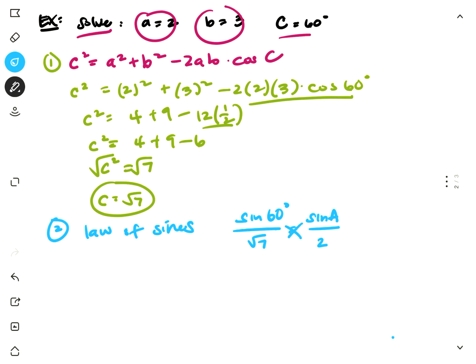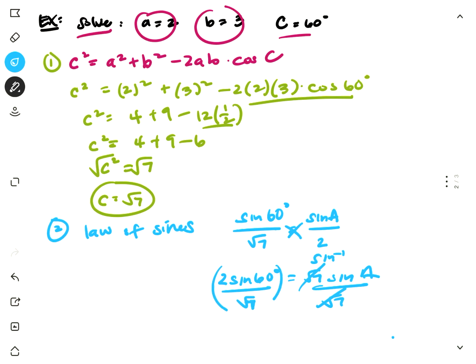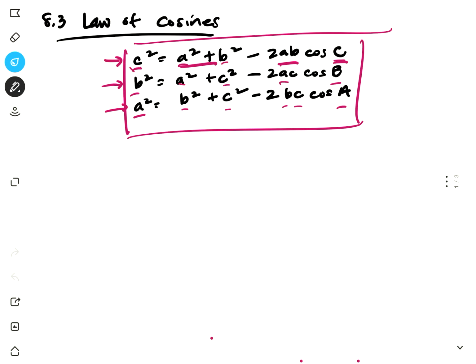Cross multiply: 2 sine 60 is equal to square root 7 sine A. We're going to divide out the square root of 7, and then take sine inverse to get A. Sine inverse and sine cancel out. So let's do sine inverse of 2 sine 60 over radical 7.